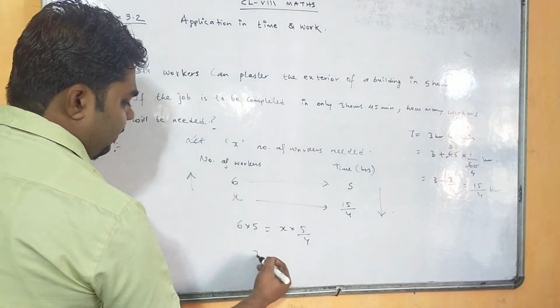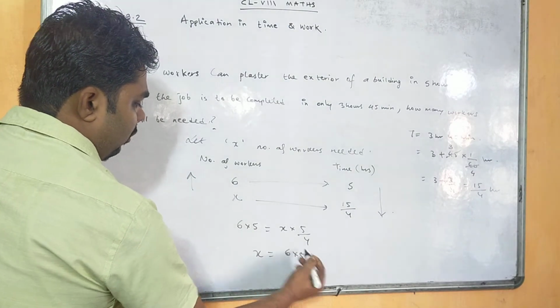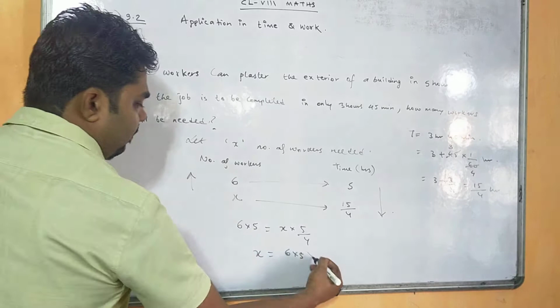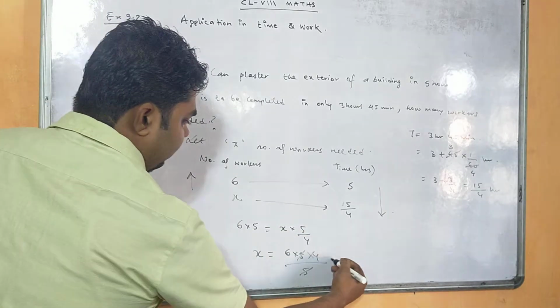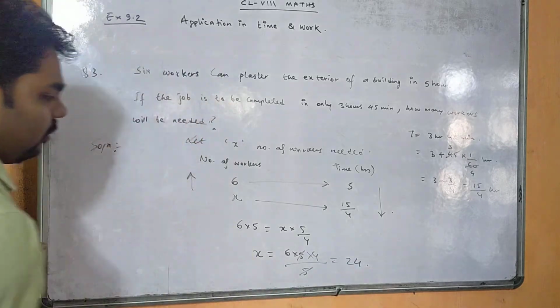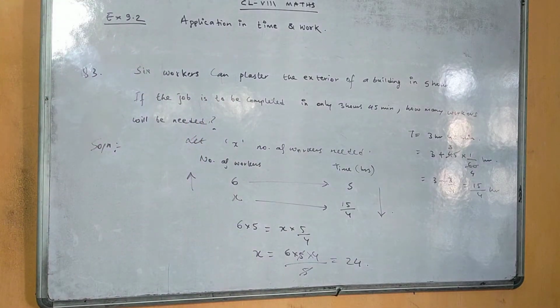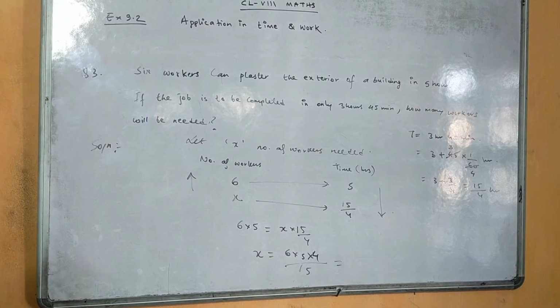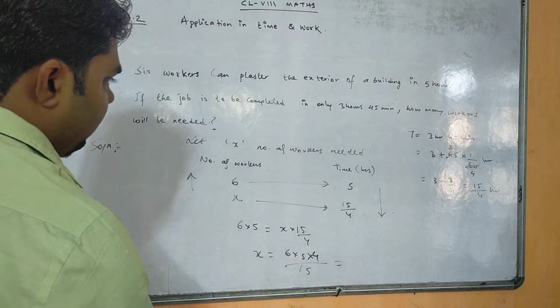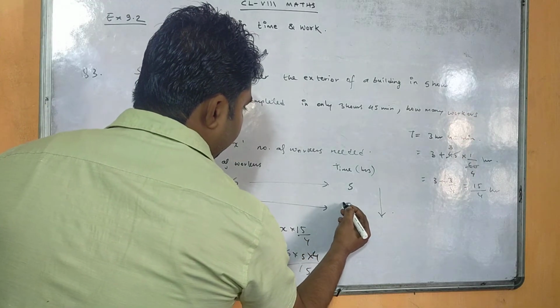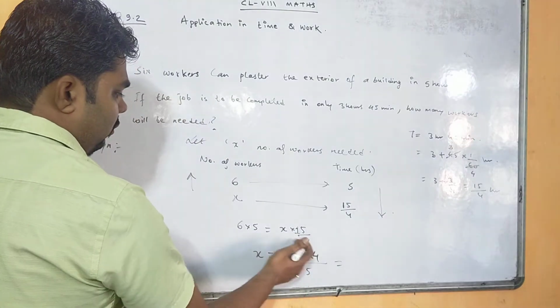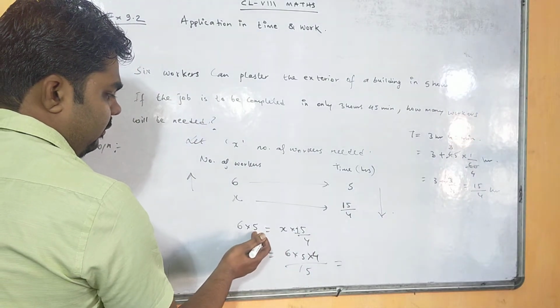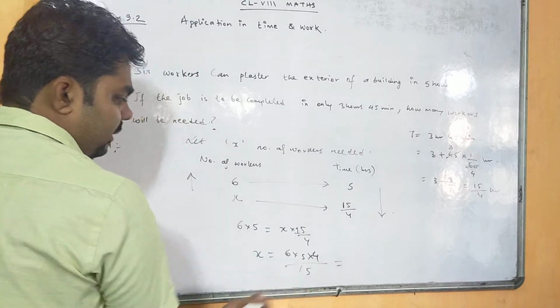When you cross multiply, x will be 6 into 5. Make sure here it is 15 by 4, not 5 by 4. 15 by 4, here also it will be 15 by 4. Now when you cross multiply, 6 into 5 into 4 and 15 will be coming down.